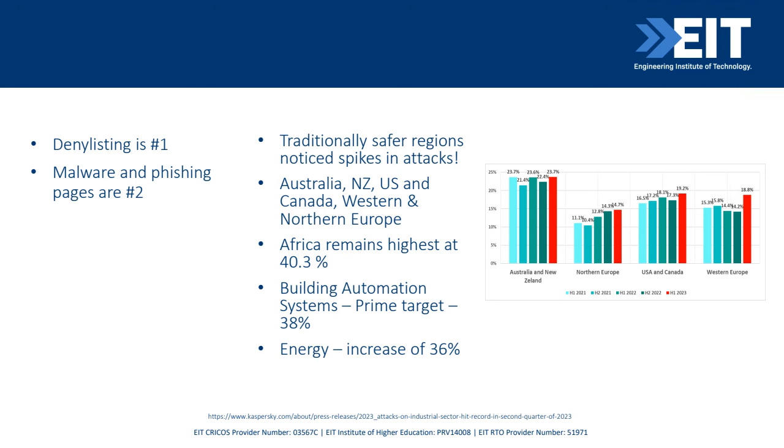This is coming out of a few weeks ago. Kaspersky did identify a couple of attacks as being the most popular attacks against industrial control systems this year. The first one being deny listing.